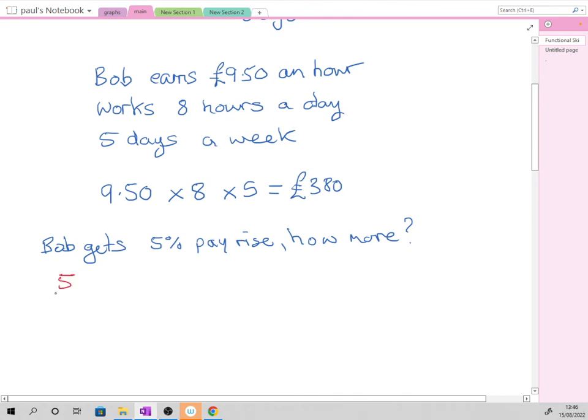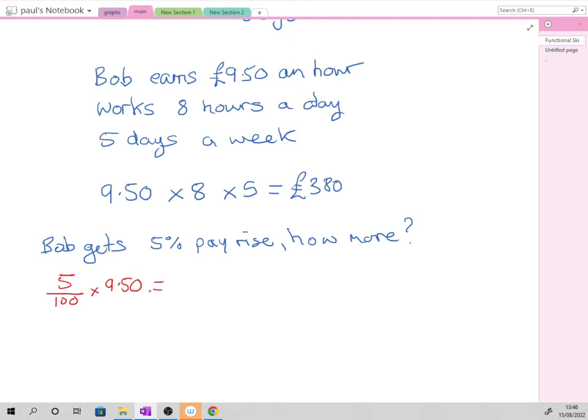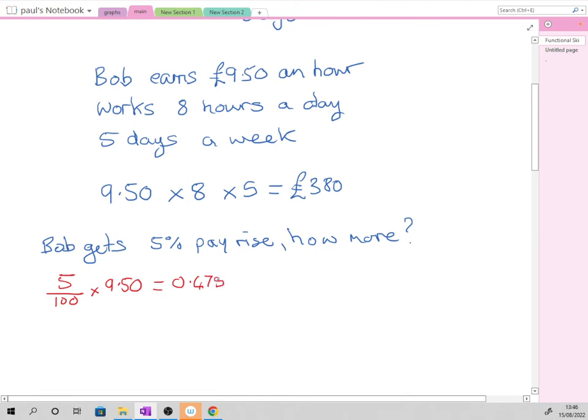So 5% times 9.5, which is 5 divided by 100 times 9.5, is 0.475.